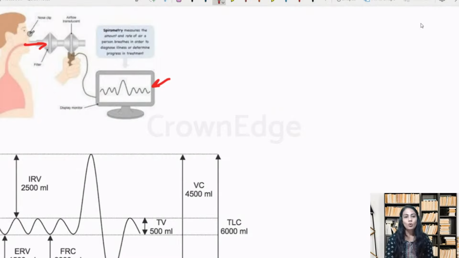There are some volumes inside the lungs which will not come out no matter how strong a force you apply. Even if I apply a lot of force to expire fully, still my lungs or my alveoli contain some volume which is known as residual volume.